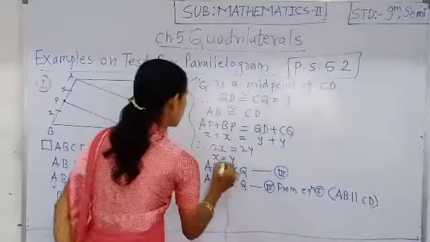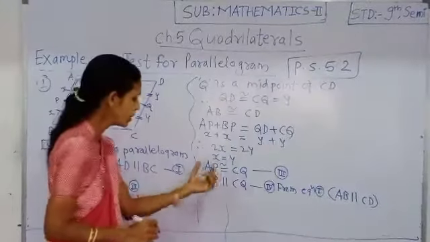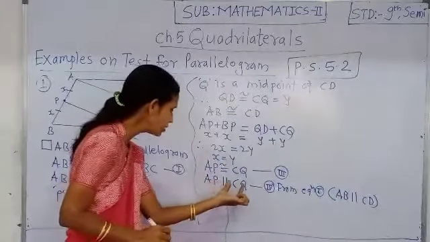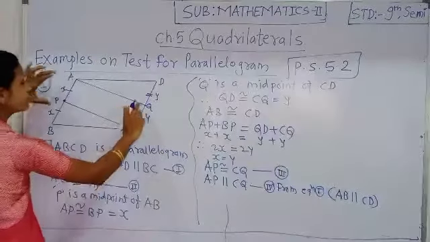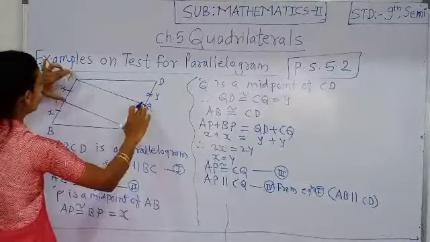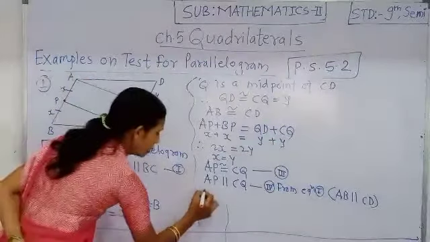Then from equation number 3 and equation number 4, focus here: AP is congruent to CQ and AP is parallel to CQ. AP and CQ are sides of quadrilateral APCQ.